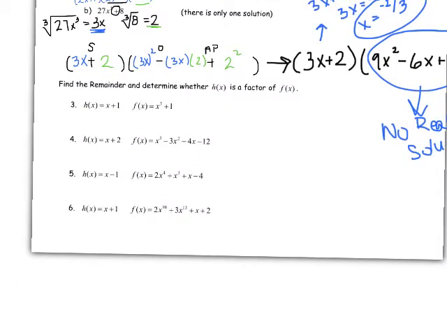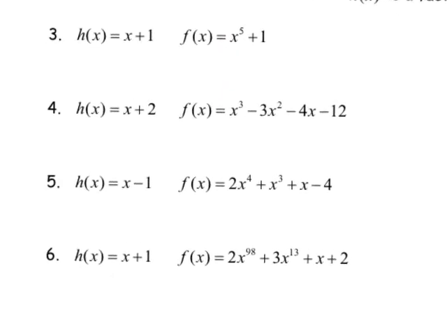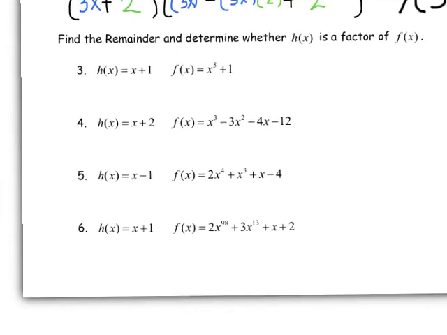Find the remainder and determine whether h of x is a factor of f of x. So this is what we learned on 8.3 or today in class. So the shortcut, if we use the remainder theorem that was kind of just like our shortcut, is I'm going to plug in, using my function, the divisor, but not really the divisor.